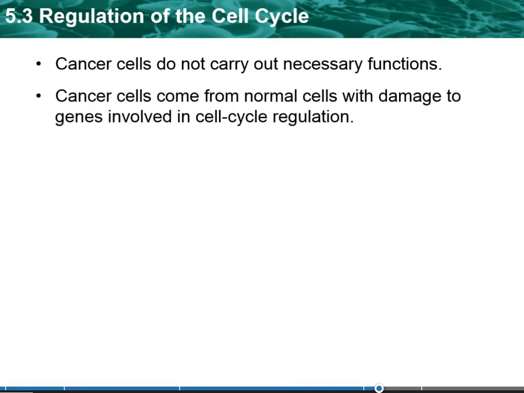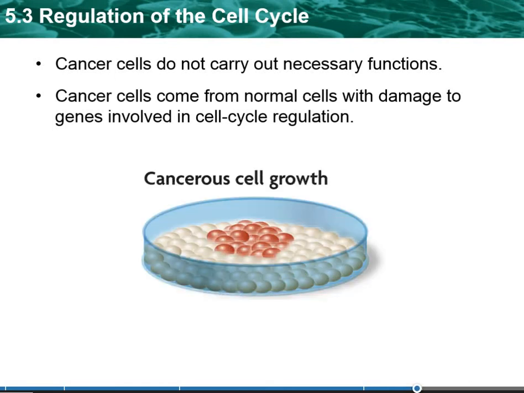Cancer cells come from normal cells with damaged genes involved in the cell cycle regulation. They basically don't know when they should be dividing and when they should not. So they just continue to make copies of themselves and cause issues by pressing on other cells that are good, or causing issues in organs, making them not function properly.